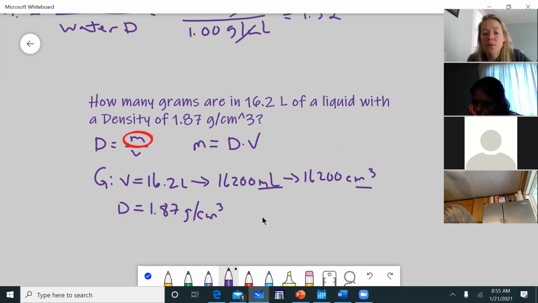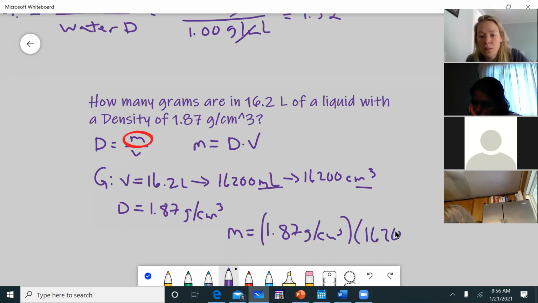Now I've got the same units. When I plug it into my equation, they should cancel. So mass equals my density, this 1.87 grams per centimeter cubed, and I'm going to multiply it by my volume, 16,200 centimeters cubed. I like that because the centimeter cubed is going to cancel.